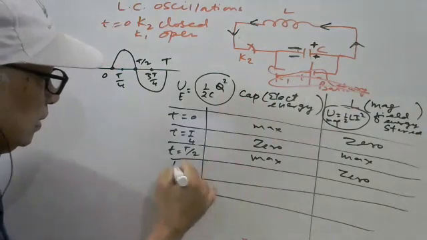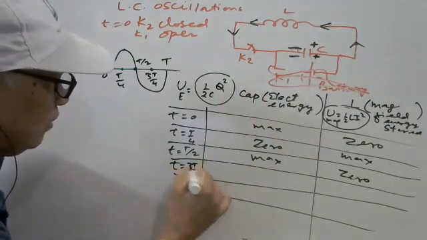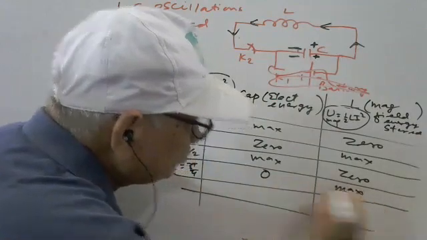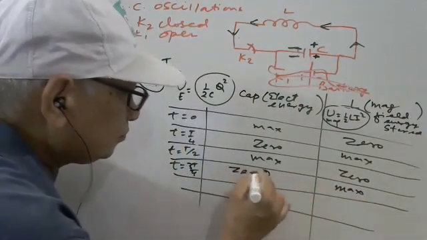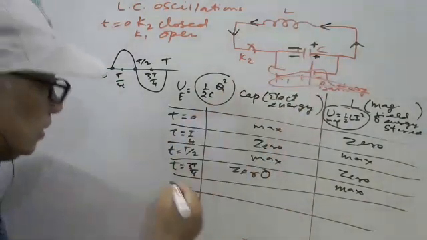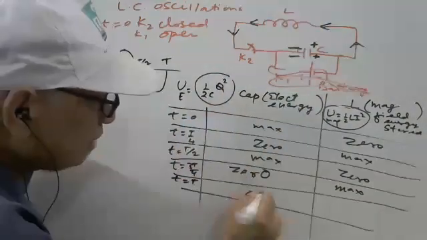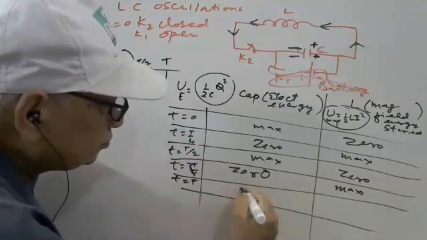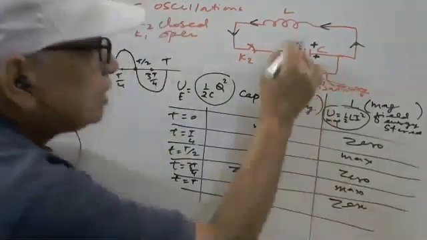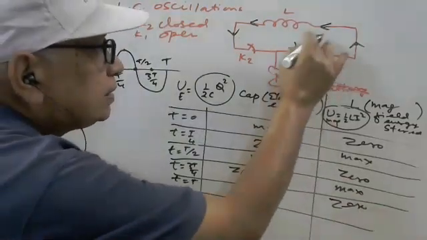Now at t is equal to 3T by 4, it is 0, it is again maximum, and this is maximum. And at t is equal to T, this is maximum and it is 0. But again this is positive, this is negative.